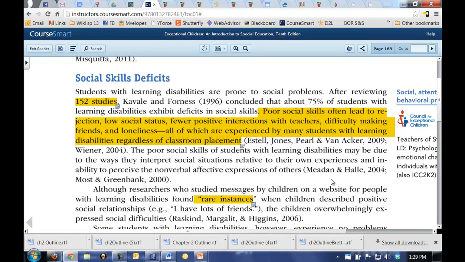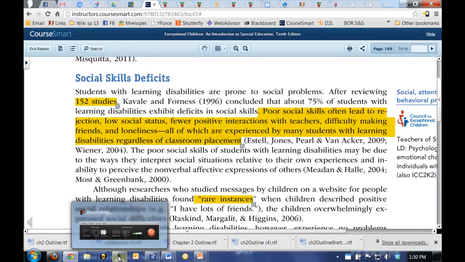Poor social skills often lead to, you ready for this? Rejection, low social status, fewer positive interactions with teachers, difficulty making friends, and loneliness, all of which are experienced by many students with learning disabilities regardless of the classroom placement.